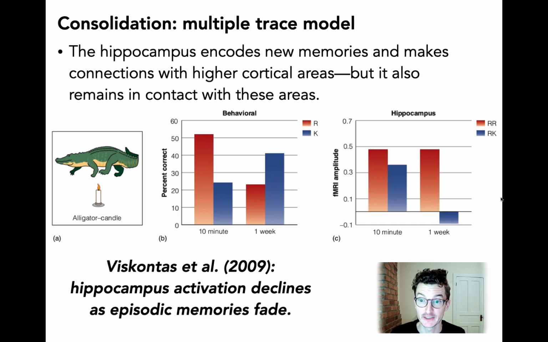On the other hand, pairings that participants just knew, that they recognized, yes, I saw this pairing before, but forgot the episode that I associated with the pairing, led to no activation of the hippocampus. So this is correlational data, but some evidence that this shift from remembering to knowing is paralleled by a shift from memories relying on the hippocampus to memories becoming hippocampal independent.